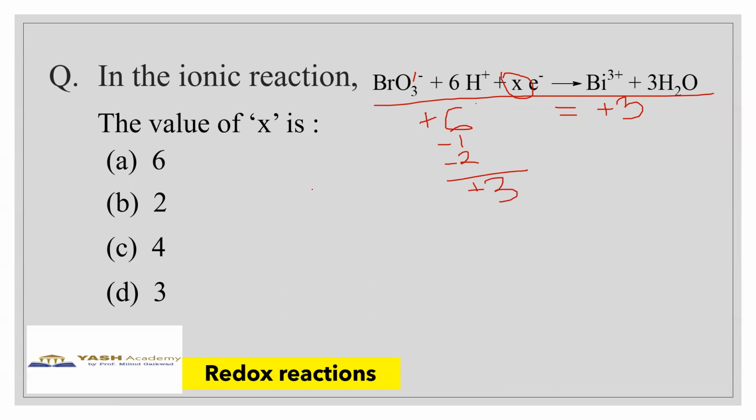So the correct answer option of this question is B, that is the value of x is 2 electrons. Here you can write 2 electrons.